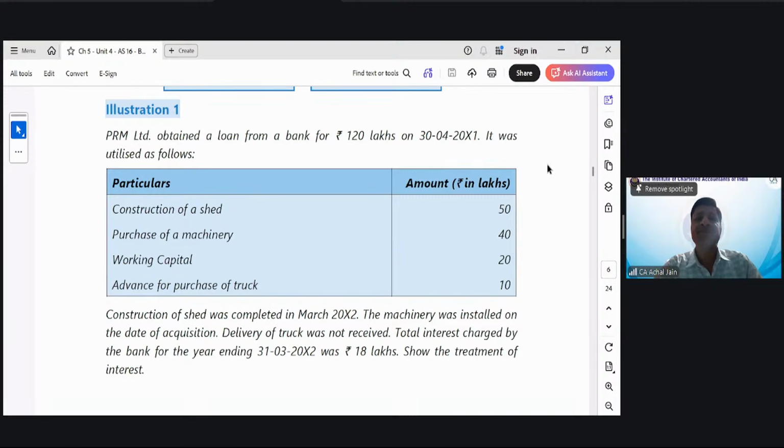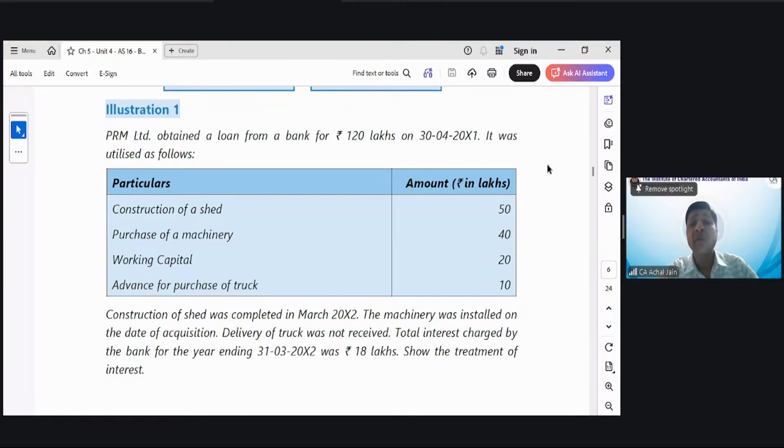Okay, that means the portion of the interest relating to the truck should go to capitalization, and the rest will go to the profit and loss account. So you're saying the cost that you incur in respect of interest in relation to acquisition of the truck, you will capitalize, and the remaining you will take to P&L.